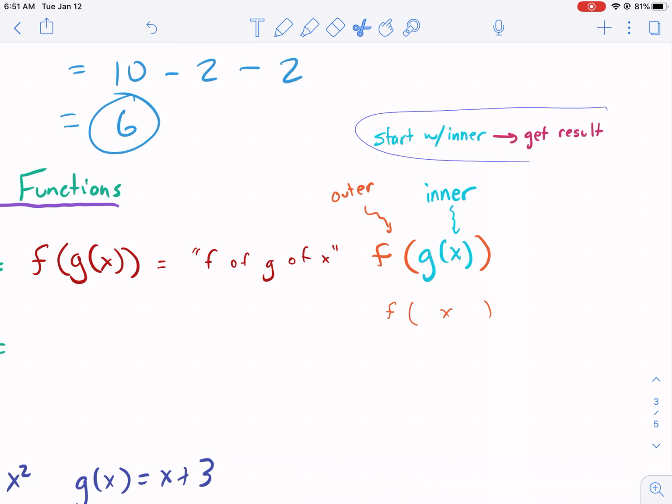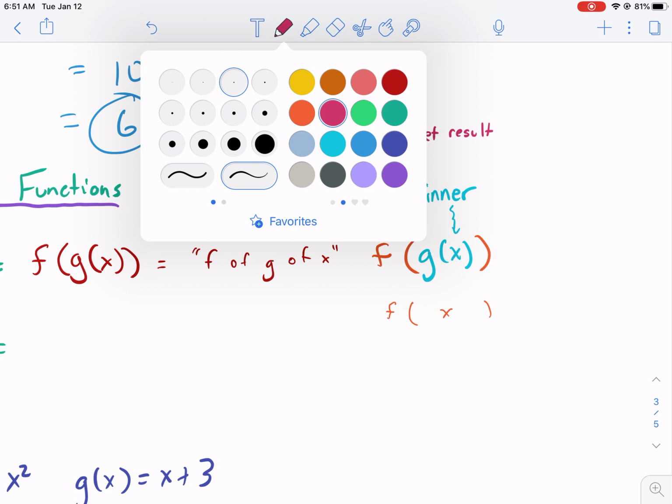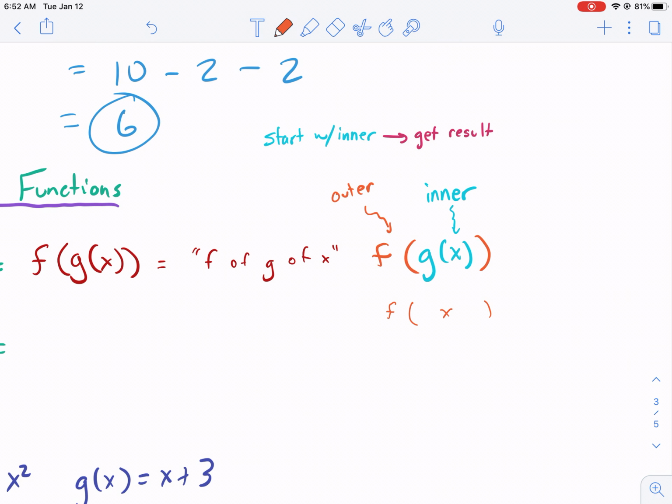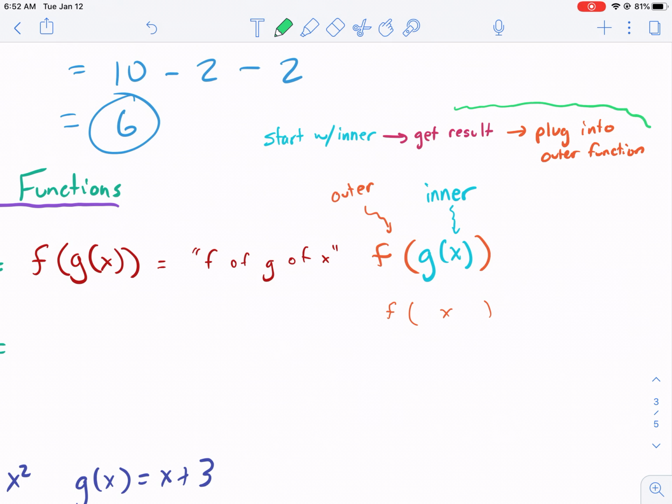Then from that result, you're going to plug into the outer function. And then you're done. You're going to get a result for that. This is the process. Hopefully this makes it a little bit more clear, but once we put it into practice with these examples, it'll be a little bit more obvious, I think.